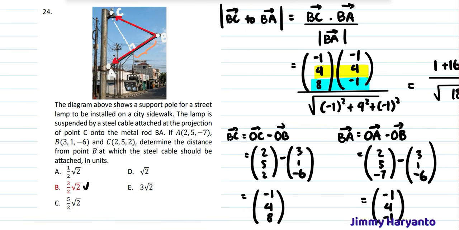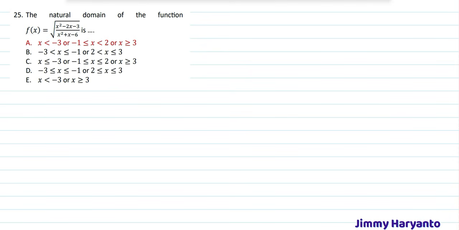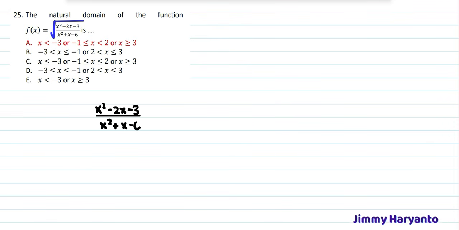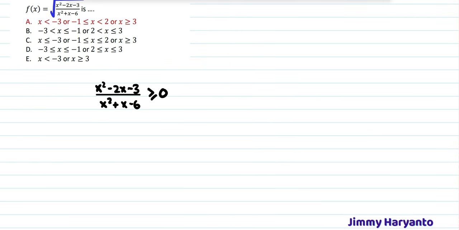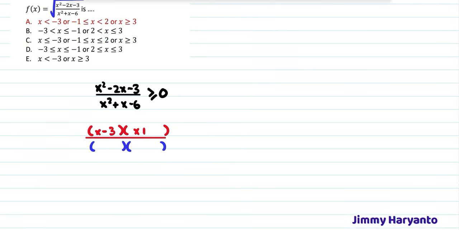Okay, next is natural domain, the natural domain of an irrational function. For irrational functions, the expression inside has to be greater than or equal to 0. So (x squared minus 2x minus 3) over (x squared plus x minus 6) is greater than or equal to 0. The way you solve this is to find the values of x from the numerator and also from the denominator. For the numerator you have (x minus 3) and (x plus 1).